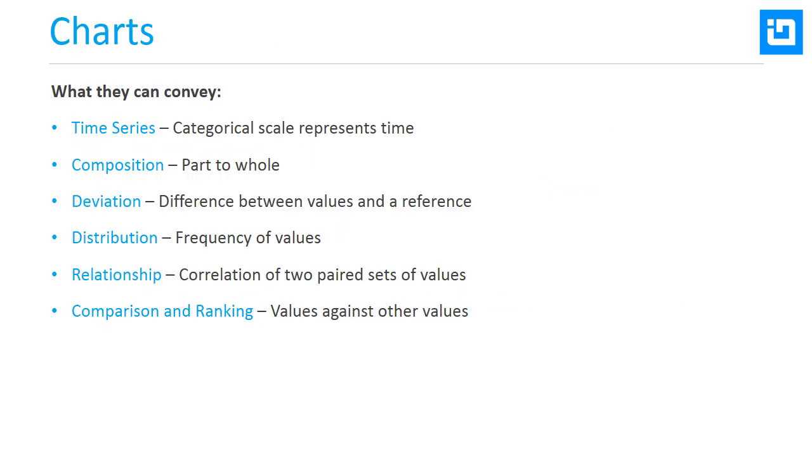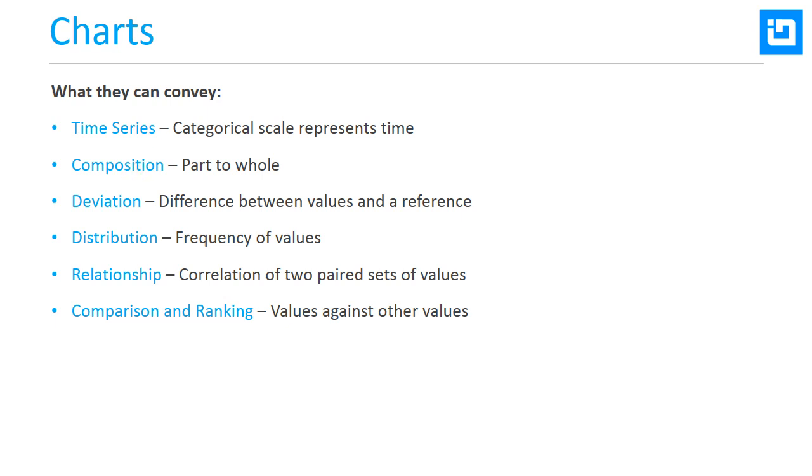So let's talk a little bit about charts. Charts not only live in dashboards, but they are a major part of dashboards. What charts can convey is things like time series, where our categorical scale, typically the x-axis, then represents the time, for example, 12 months in a year, or years in a decade.